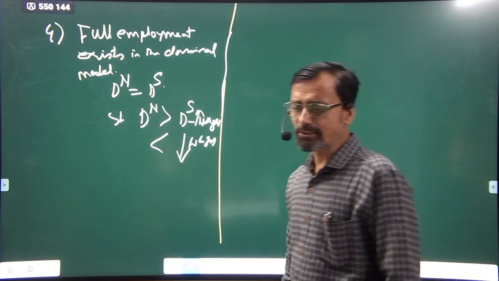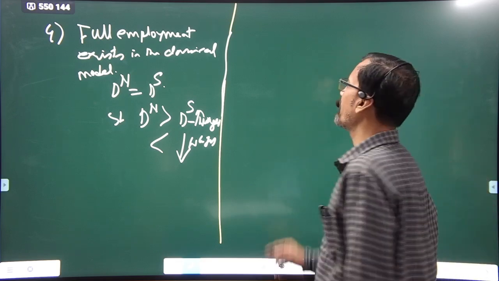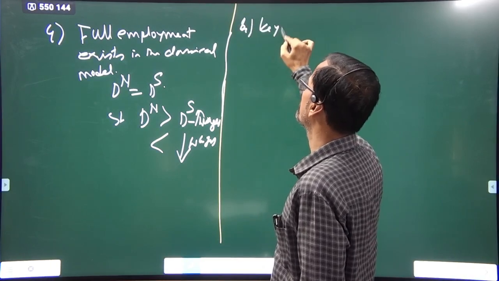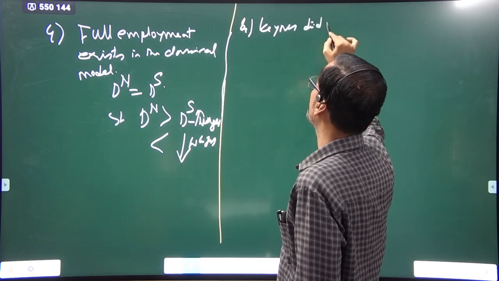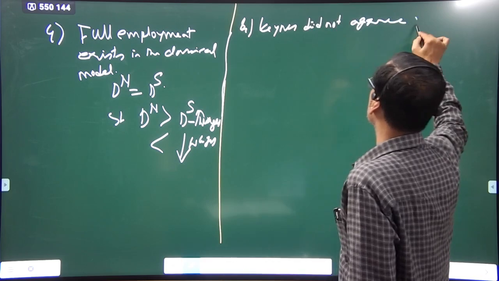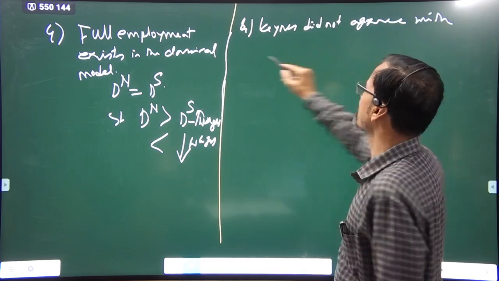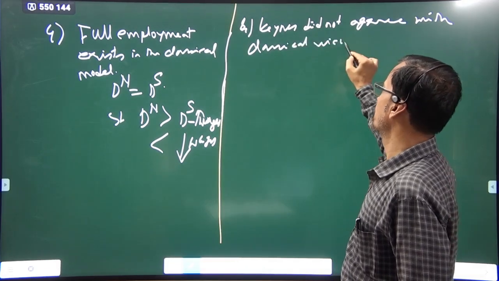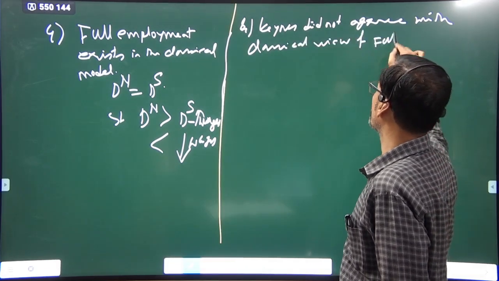But Keynes did not agree with the classical view of full employment.